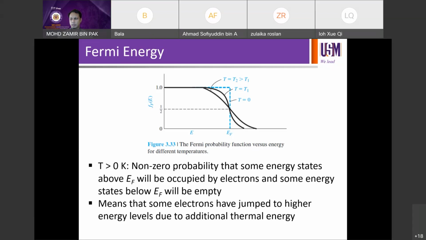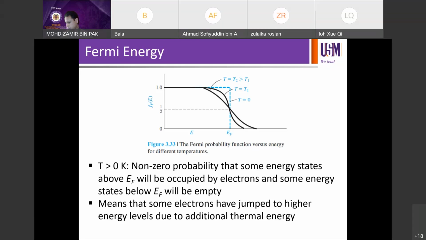Then we increase the temperature to T equals T1, where T1 is higher than 0 Kelvin, and we can see some of the valence band electrons are thermally excited into the conduction band. We have also discussed the area under the curve, or the shaded region, before this.